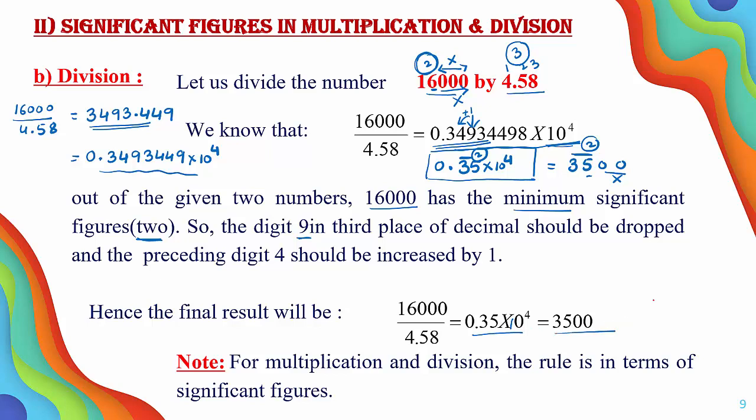So this is all about multiplication and division. You can remember, for multiplication and division, the rule is in terms of significant figures. In addition and subtraction, we are going to consider least decimal places. In multiplication and division, we are going to consider least significant figures.